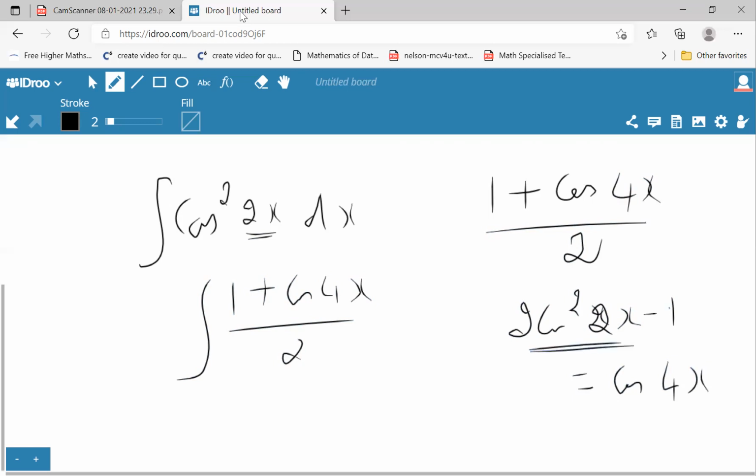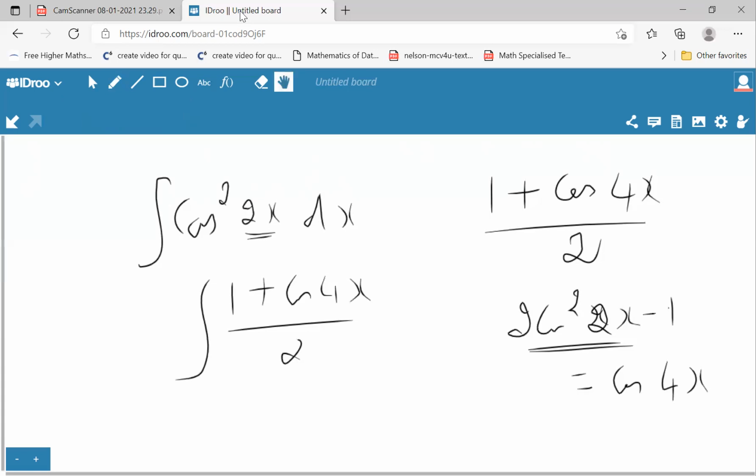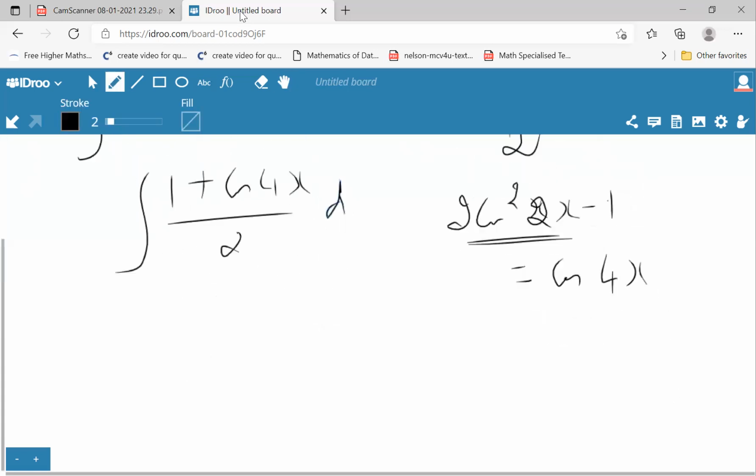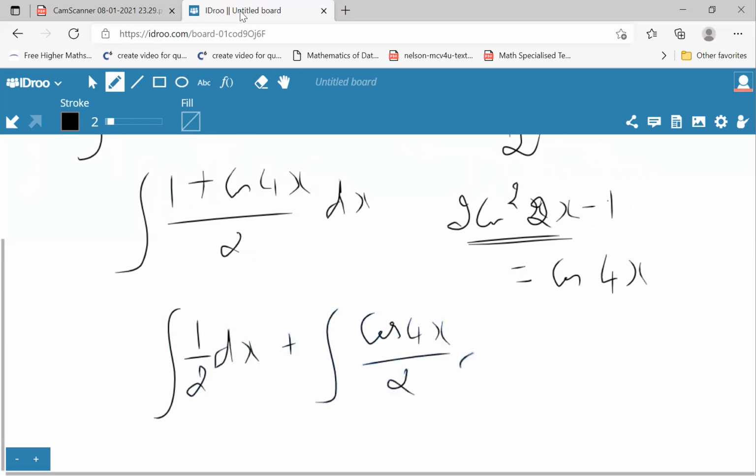We want only this. So when you bring it this side, that will become 1 plus cos 4x by 2. So that is what I have done here. Now we can split it and write it as integration of half dx plus integration of cos 4x by 2 dx.